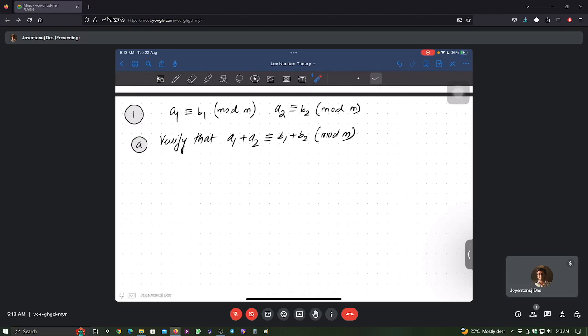It was something like n is a divisor of A1 minus B1. From the first condition, M divides A1 minus B1, and from the second condition, N divides A2 minus B2. So then, how will you use that?